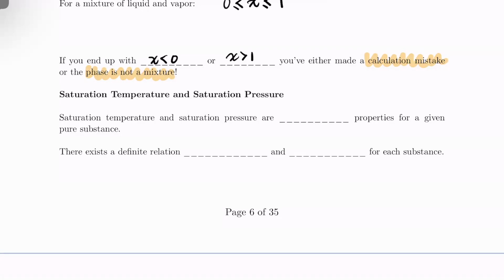Okay, so let's talk a bit more about saturation temperature and saturation pressure. One thing that's really important to note is that these two quantities are dependent properties for a given pure substance. That means there exists a definite relationship. Essentially, Tsat is equal to some function of Psat and the other way around.